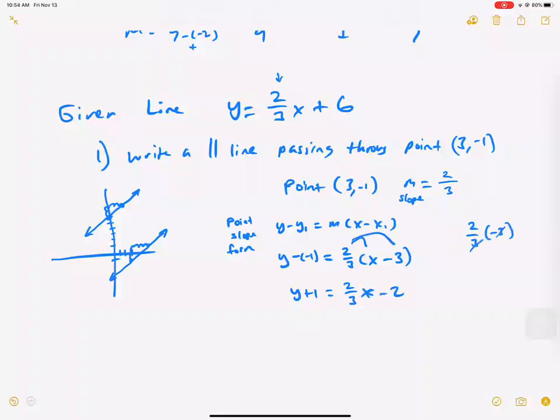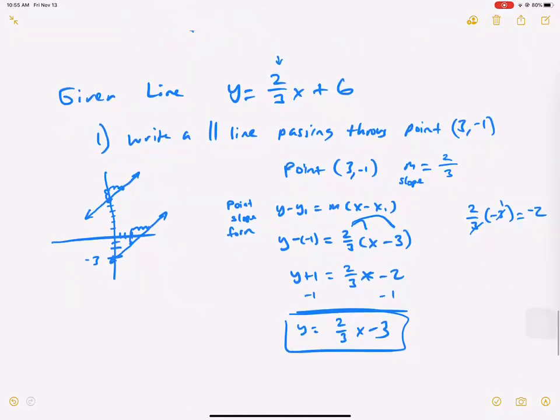The 3's divide out, leave me a 2 times 1, which is -2. Almost done. -1 to both sides. Y is equal to 2 over 3x minus 3. And if we look here, if I fudge it a little bit, that is -3. That's my y-intercept with a slope of 2 over 3.